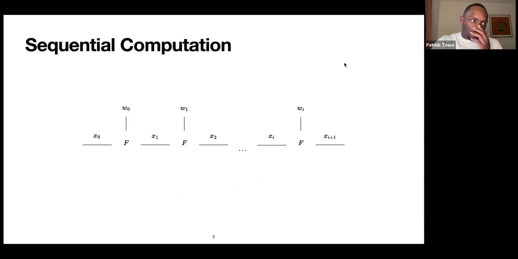So first, the context of the work is incrementally verifiable computation. In this context, there is one computation, here denoted f, that is applied repeatedly throughout time. So you start with some input x0, and then you have some non-uniform advice, wi in general, and you can continue the computation like this.